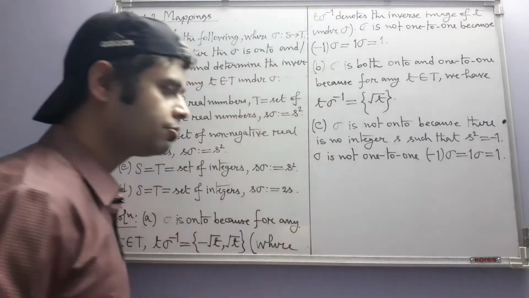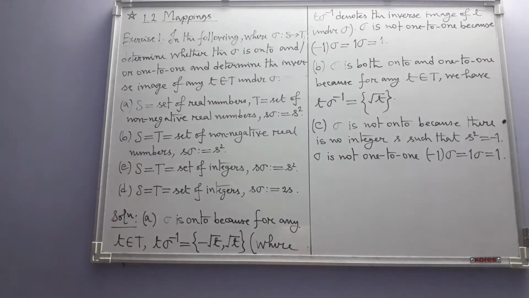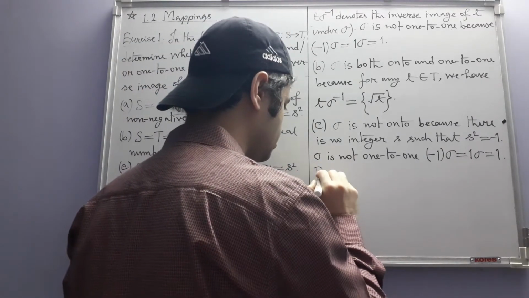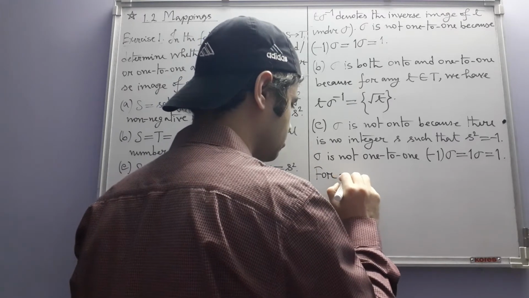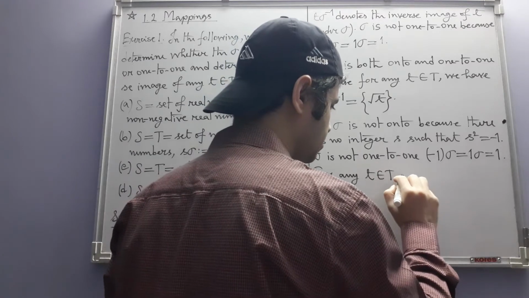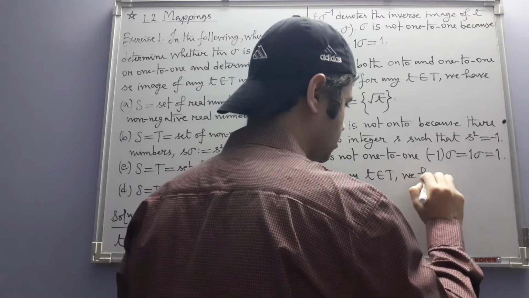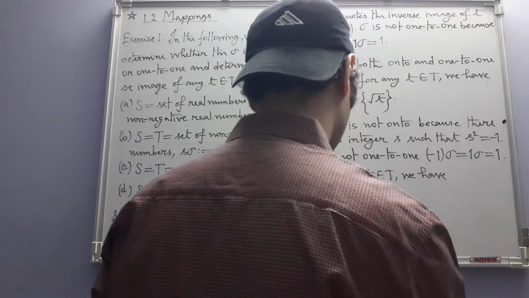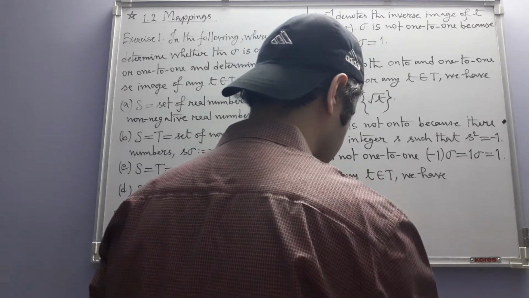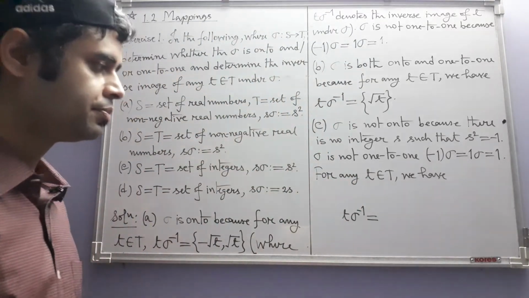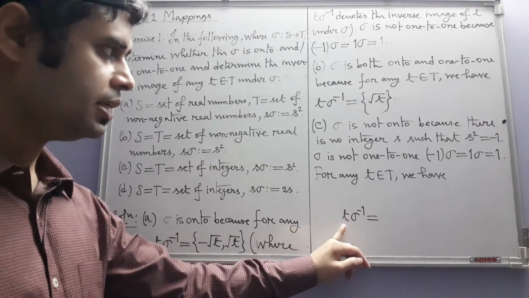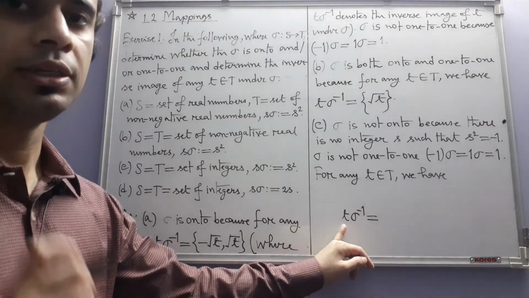Okay, we still have to find the inverse image of every element in T. Now for any t belonging to T, we have t sigma inverse. This set will be empty if t is not the square of any integer.